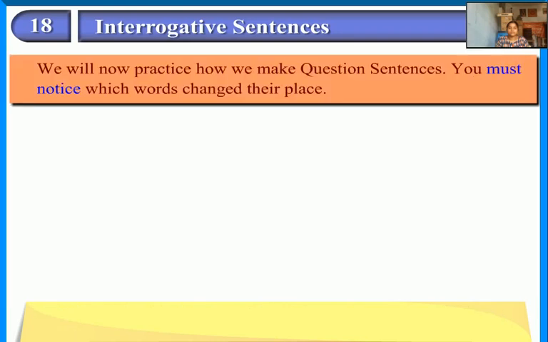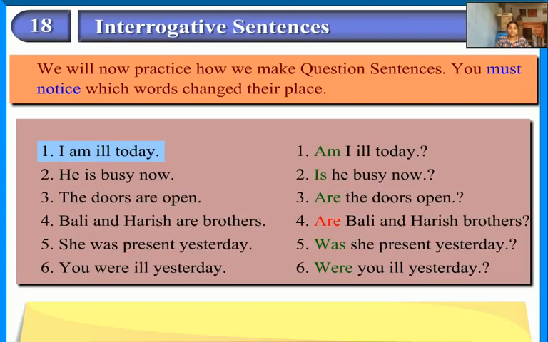We will now practice how we make question sentences. You must notice which words changed their place. I am ill today. Am I ill today? He is busy now. Is he busy now?